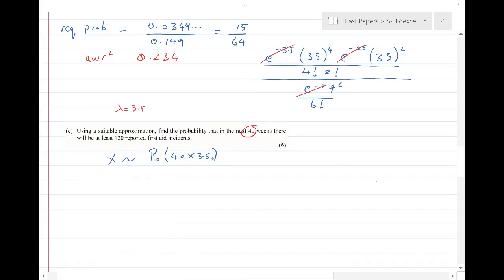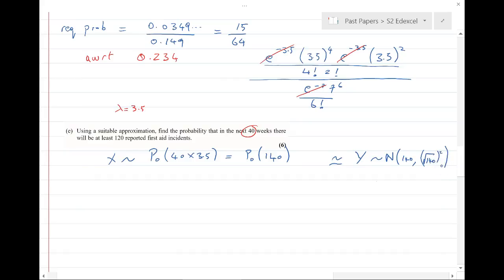So that's Poisson 140. Okay, that means we can use a normal approximation. Let's call it Y, as an approximation for it with mean 140 and standard deviation the square root of 140.